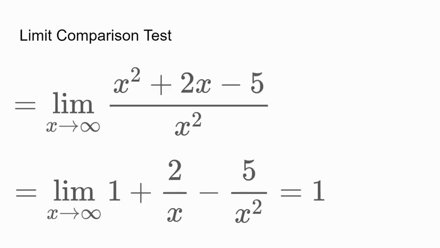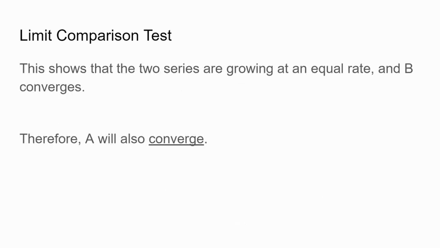After some calculations, we get 1. This shows that the series are growing at an equal rate, and since we know B converges, A should also converge.